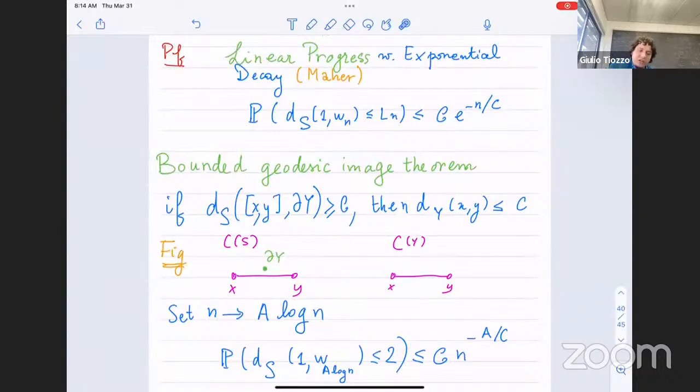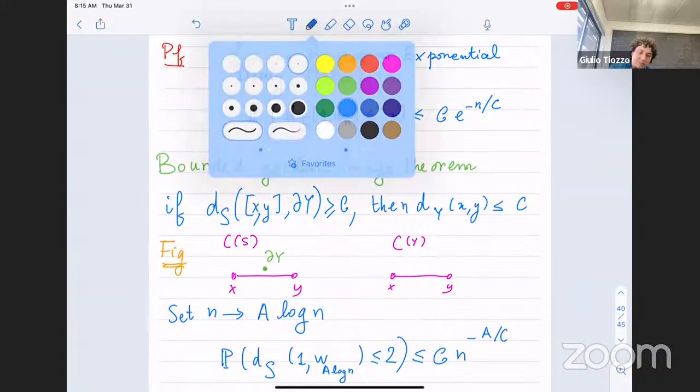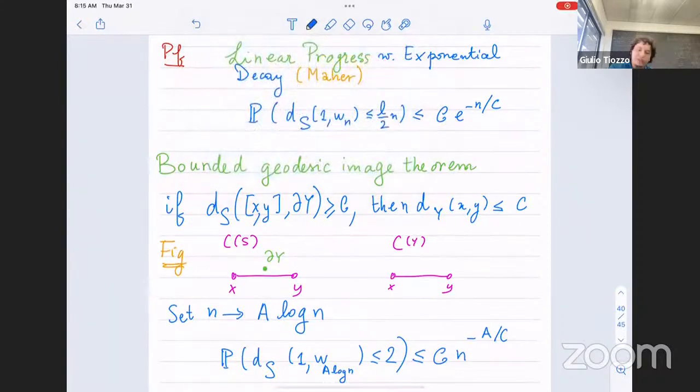So you see, you need linear progress with exponential decay. So the probability that your progress is less than some constant L times n is indeed a decaying exponential, where L has to be smaller than the drift. For instance, maybe the simplest statement would be: if you take half of the drift, the probability that your progress is less than half the drift times n decays exponentially fast.